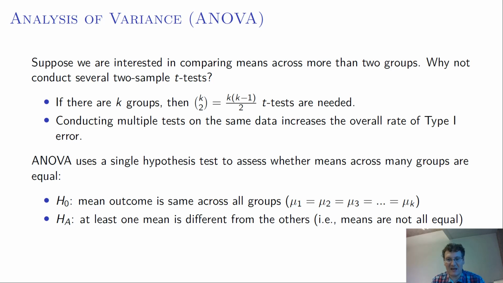It's a single hypothesis test. The idea is you combine all the data together and look at the variation around just the combined group mean, compare that to all the different groups and their variations around their individual means, and see whether it makes sense to put them into different groups, based on the pros and cons of that.